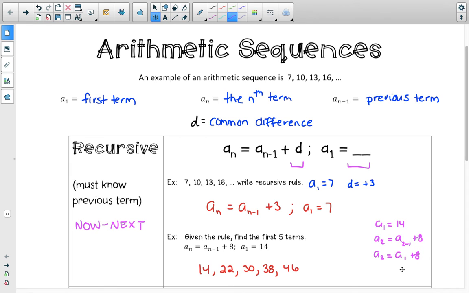That means, because I know what a sub 1 is, a sub 2 will equal 14 plus 8. And that's how we get the 22. That is what the n minus 1 is actually talking about, because it's that next number minus 1 to get the previous term, and then we can add our common difference.